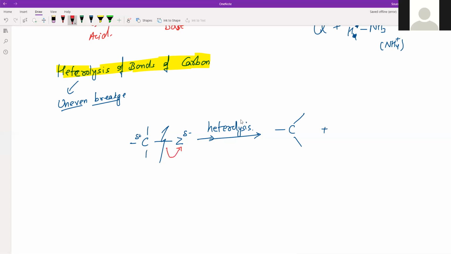So heterolysis will show this, plus the salt which is removed, that is Z negative. That is heterolysis. Because this carbon has lost an electron, there was a bond, and from that bond the electron has moved to Z. So now that bond does not exist, and the electron which carbon and Z were sharing is given to Z. That means there is a positive charge.